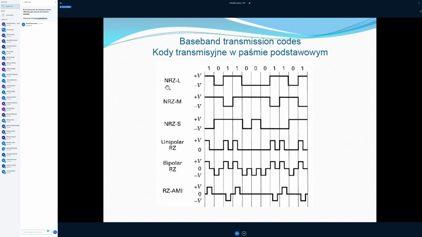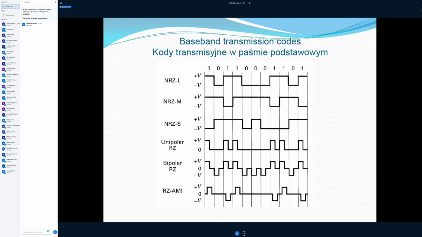And here NRZ means non-return to 0. So sometimes it is called natural modulation, NRZ, which means non-return to 0.